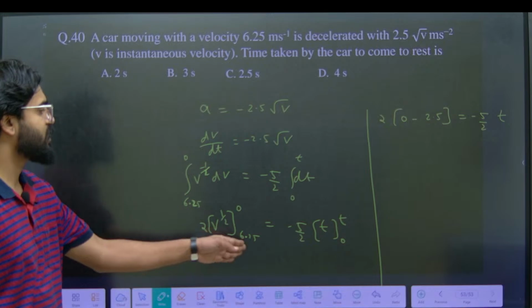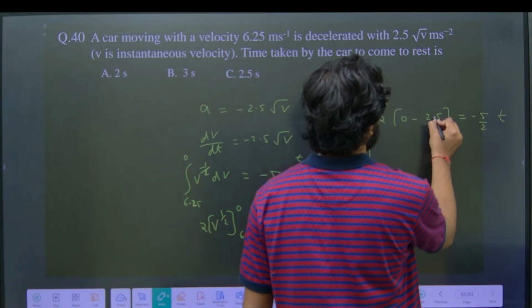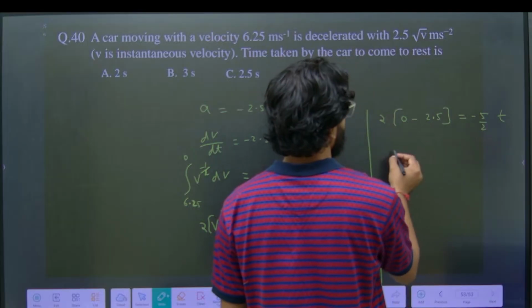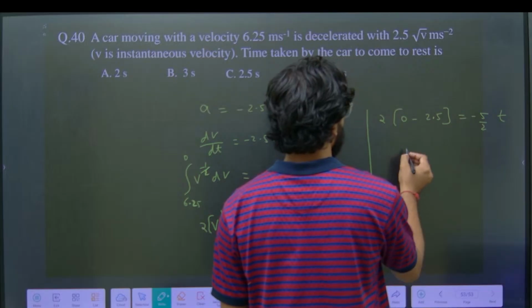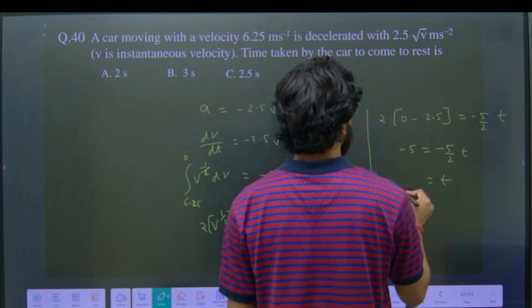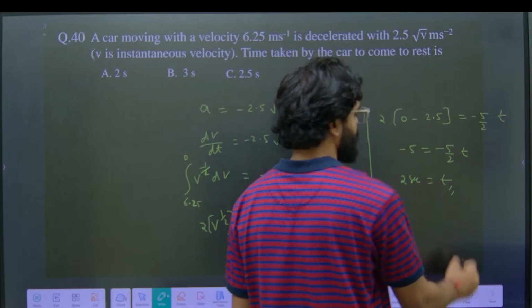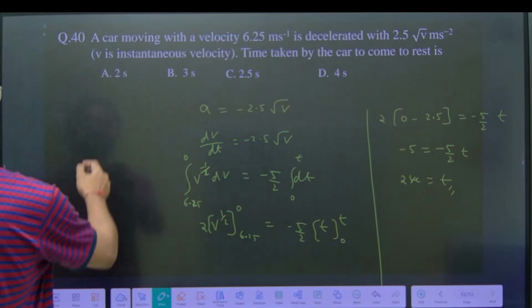So 2 into negative 2.5 is negative 5, equals negative 5 by 2 into t. So t will come out as 2 seconds. So the answer over here will be option A.